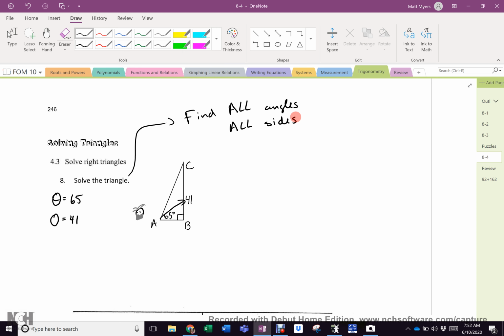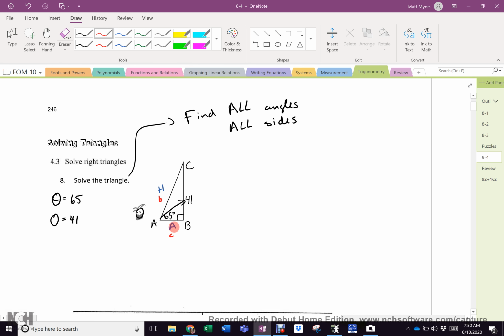So what I personally will do is I want to practice as much trig as possible. So I'm going to call this the hypotenuse, and I know that the hypotenuse is little b because it's across from big B. And this side is the adjacent side.